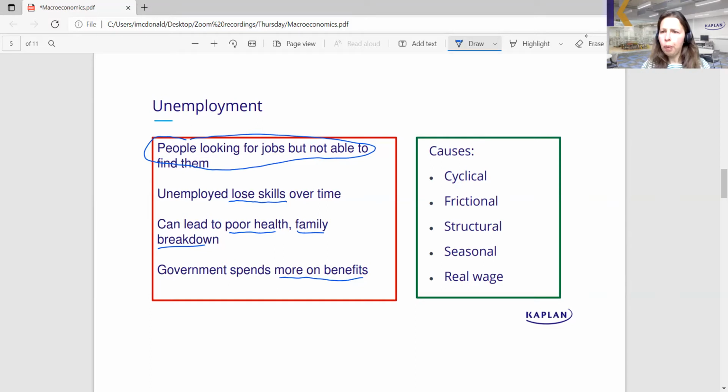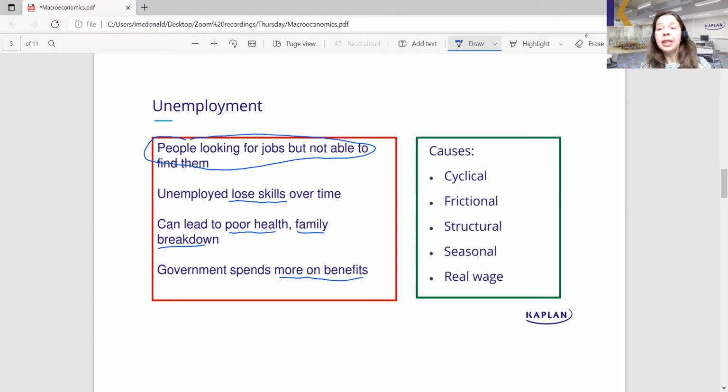So why could unemployment possibly arise? First type of unemployment is cyclical. Later on, we're going to talk about the natural cycle fluctuations through our economy. There could be times like recession, depression, when the economy is down, when the size of the economy is too small to accommodate all of those willing to find a job.